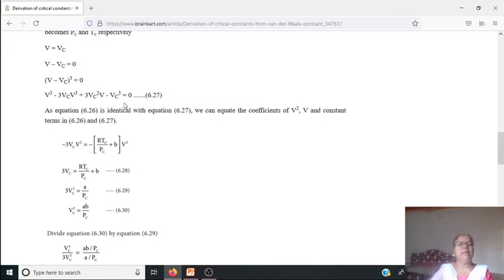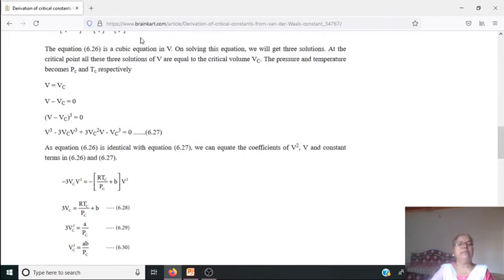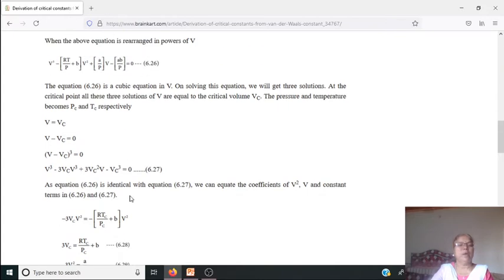As equation 6.26, this equation is identical with equation 6.27. We can equate the coefficients of V square, V and the constant term in equations 6.26 and 6.27.